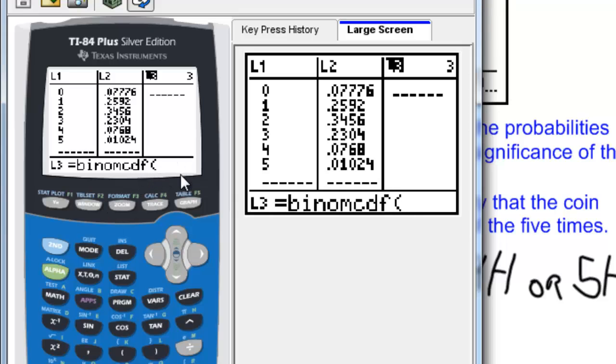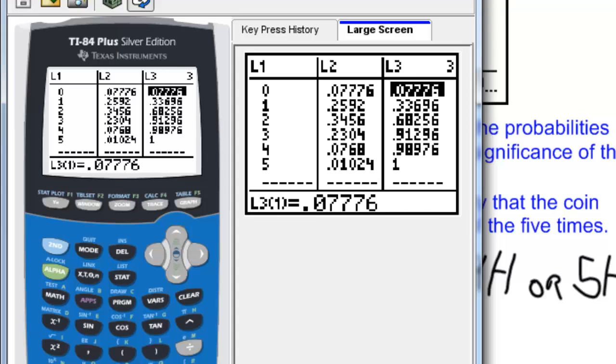Again, we're going to use the same sort of notation. So binom CDF, number of trials, 5, comma, the probability of success, which was 40%, 0.4, comma, and I'm going to have it look over again to L1, so second 1, enter. And if we look over at the values that it's filled in L3, we can see that the first one is 0.07776, just like the first row in L2.